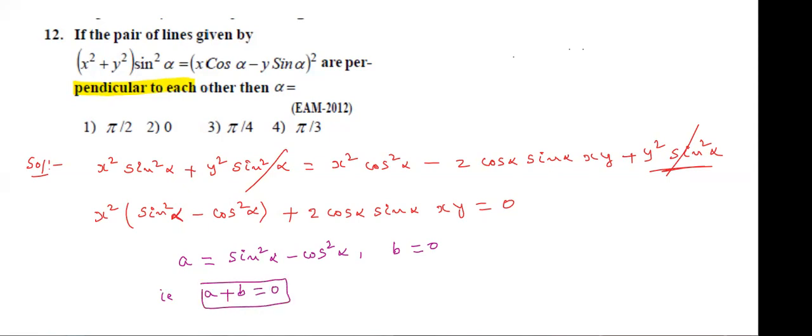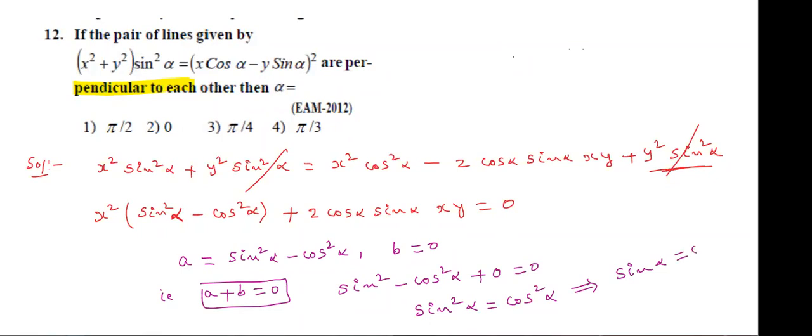This is the formula now. a means sine square alpha minus cos square alpha, so plus 0 is equal to 0. Finally, we are getting sine square alpha is equal to cos square alpha. When sine and cos are equal, students, if alpha is 45 degrees, sine 45 is 1 by root 2, and cos 45 is also 1 by root 2. When sine alpha and cos alpha are equal, that is at 45 degrees, that is pi by 4.